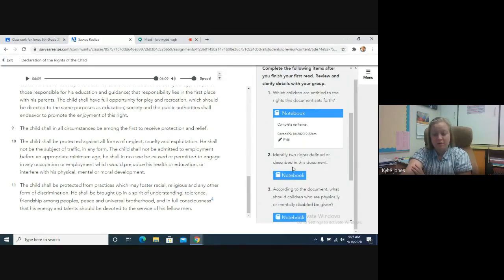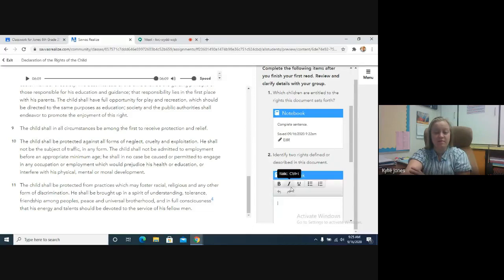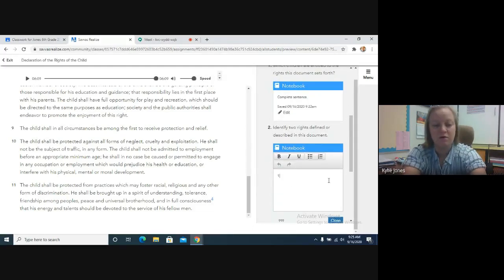Our second one, number 2, identify 2 rights that were defined or described in this document. So you're going to have number 1 and explain 1 right described.